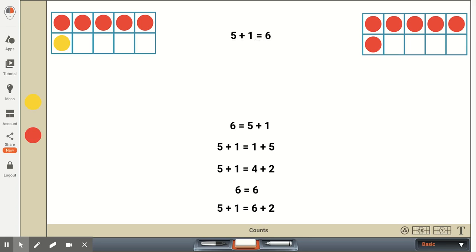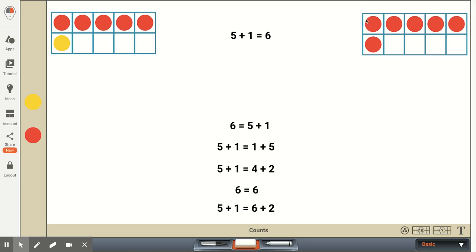And we would want our first graders to be able to either explain this, or if they need to use something concrete, they could use counters or Unifix cubes, or they might be able to just use drawings, which would be, say, drawings of counters or Unifix cubes or 10 frames. So for instance, here, 5 plus 1, we're showing 5 red counters, 1 yellow counter. So that's a total of 6 on the left side.